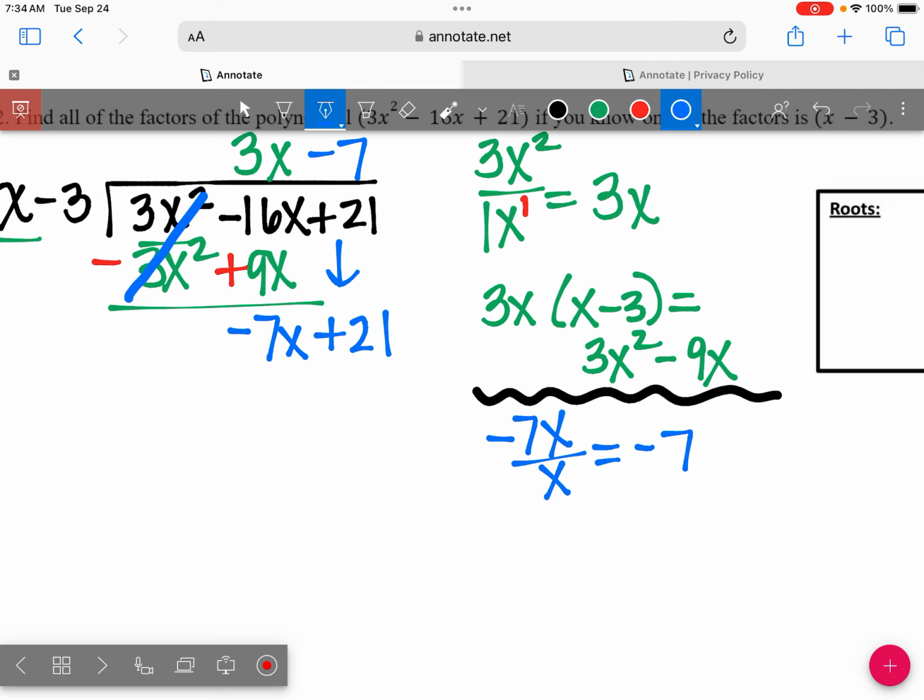And then take the -7 and multiply it by x minus 3, and you get negative 7x plus 21. And when you slide it over, though, we have to do a change. Do you see how this is negative and that's positive?